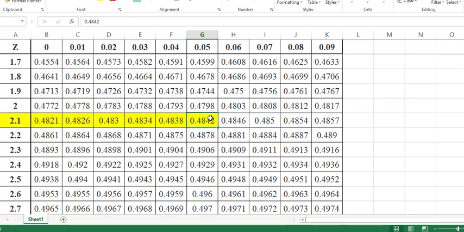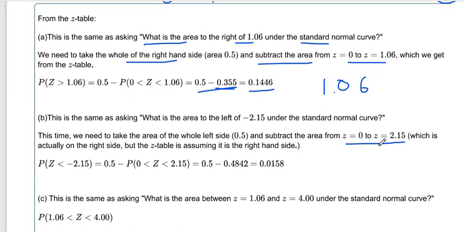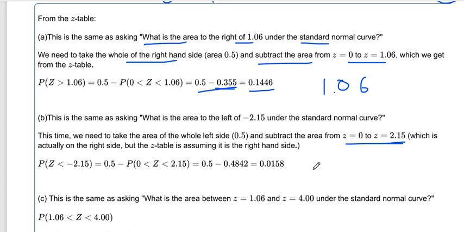Do not make the mistake I just made. Properly take the reading of the value you have to find. So 2.1 and 0.05 gives 0.4842. Then we just subtract 0.5 minus 0.4842, and we get the answer.